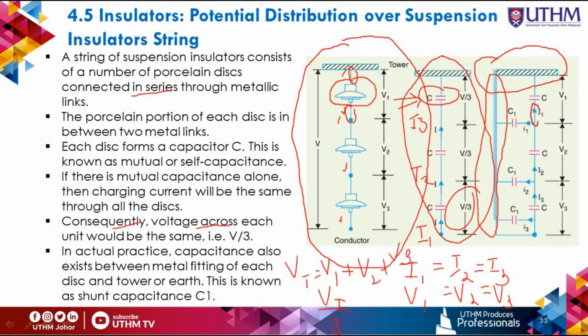Because of this connection between the metal fitting of the disc and the tower, there is a capacitance that we call the shunt capacitance C1.